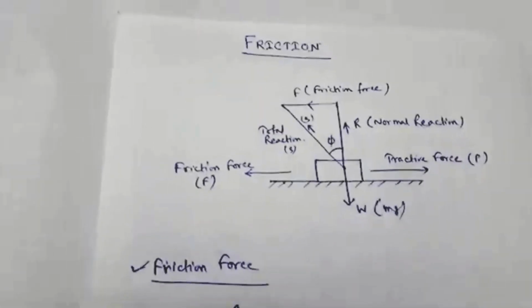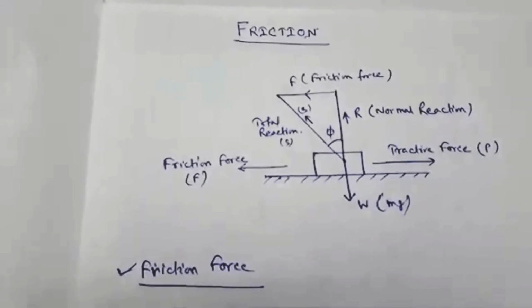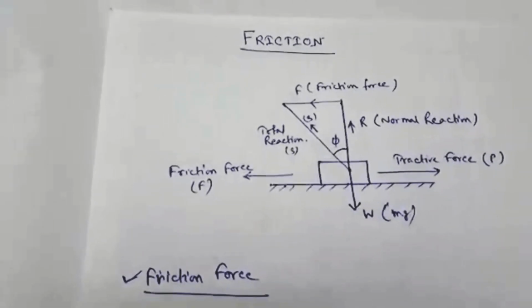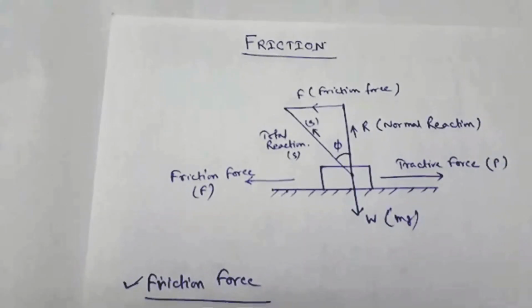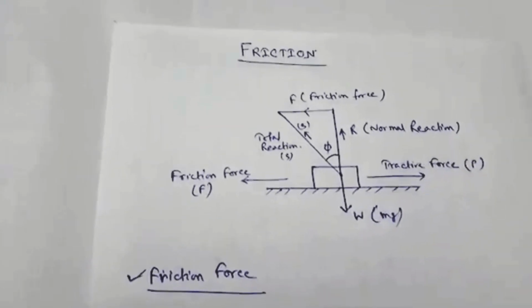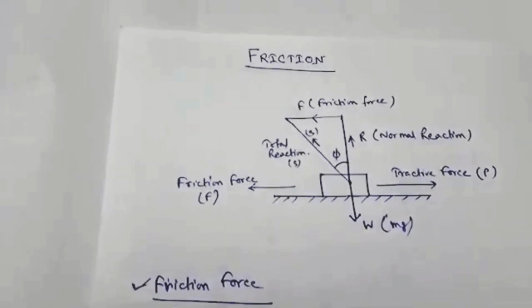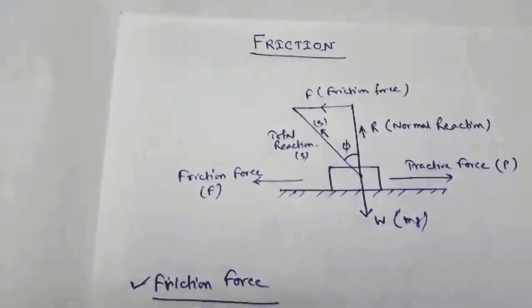Experience indicates that there is always some degree of interlocking and wedge action between the contact surfaces. Obviously, when a block is made to slide over a surface, a force F gets automatically induced.